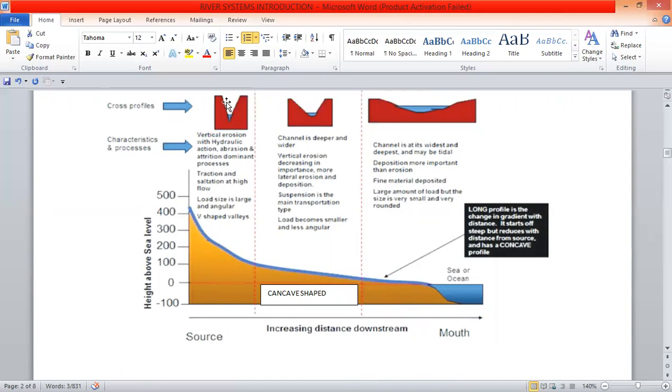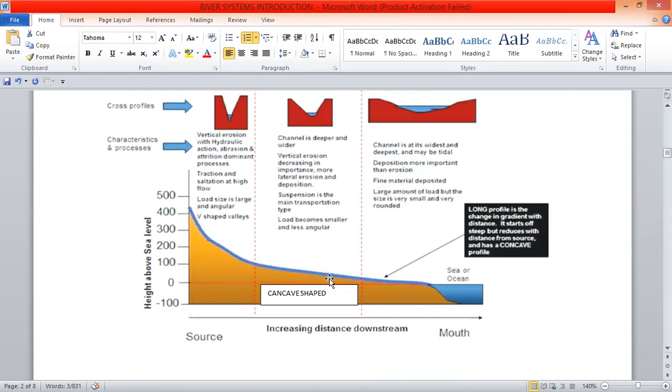The first stage is separated by this dotted line. This is the first stage, which is the upper stage or the youthful stage of the stream, which is more steep. In this stage, the gradient is very steep, so the stream takes a steep shape.